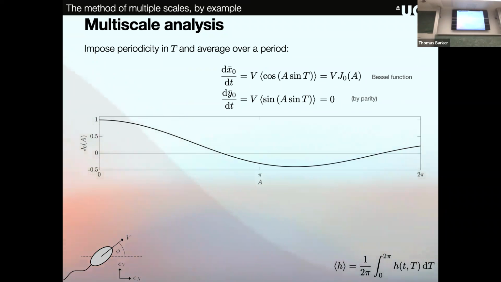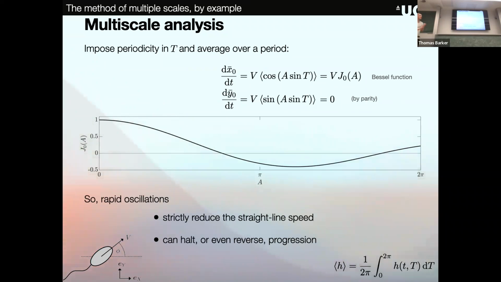So in particular, because the speed is v times this Bessel function, it means that if my a is non-zero, then these rapid oscillations are just going to strictly reduce the speed that I was going, which kind of makes sense. You spend some of your time not facing directly to the right, so you're going to go slower than if you were just facing directly to the right. And in particular, if you did some absolutely enormous oscillations, so if you were basically spinning all the way around, then your effective speed is just in the opposite direction.